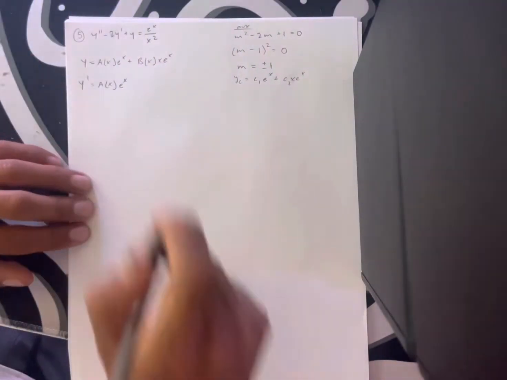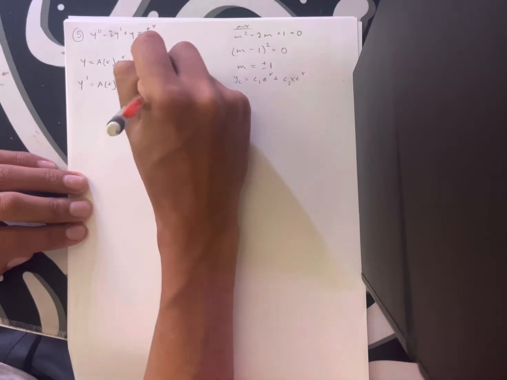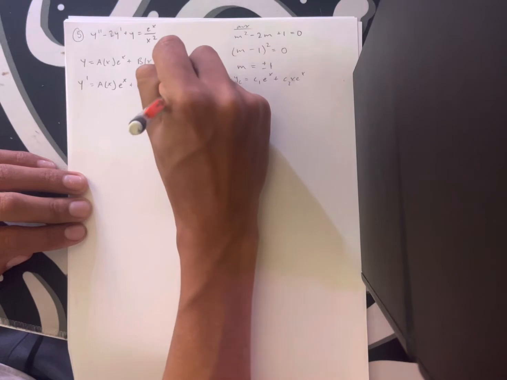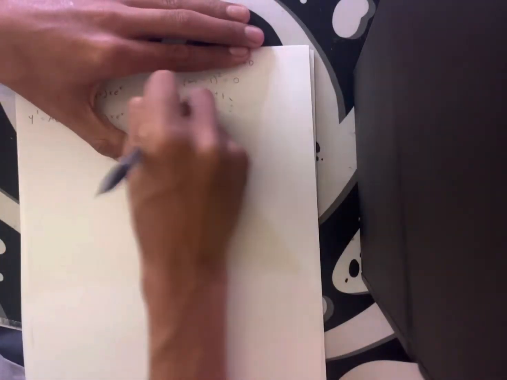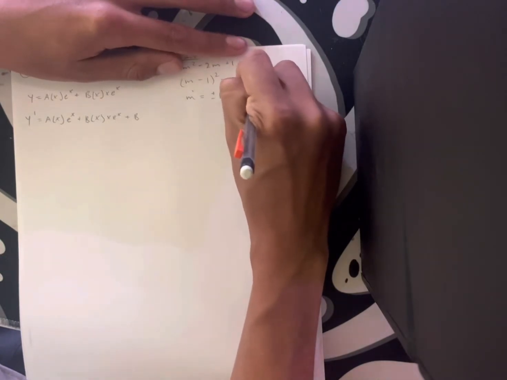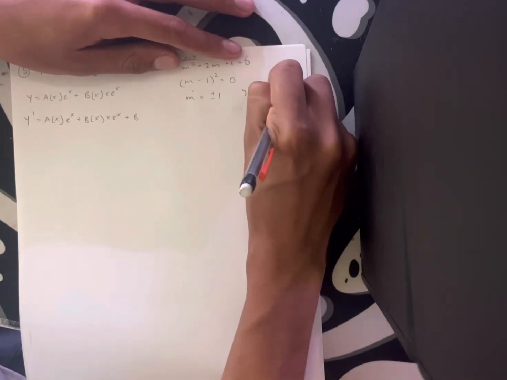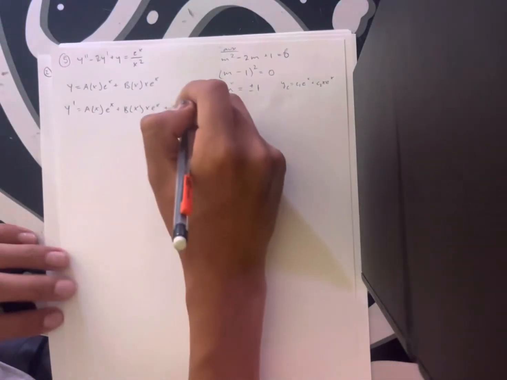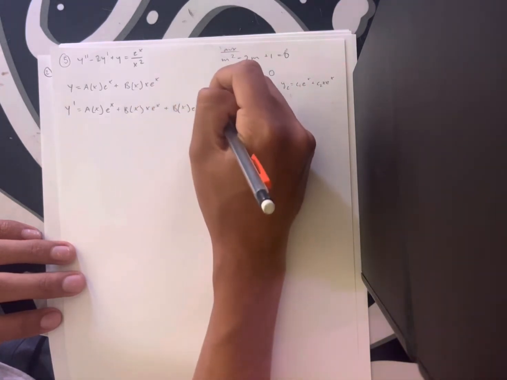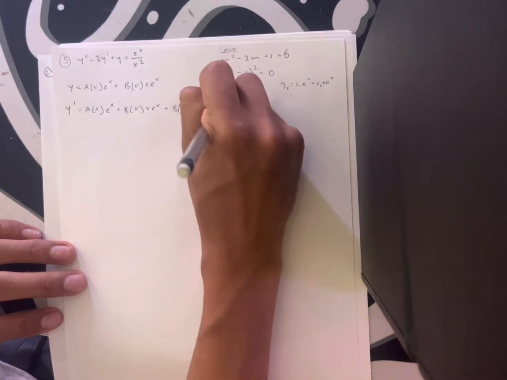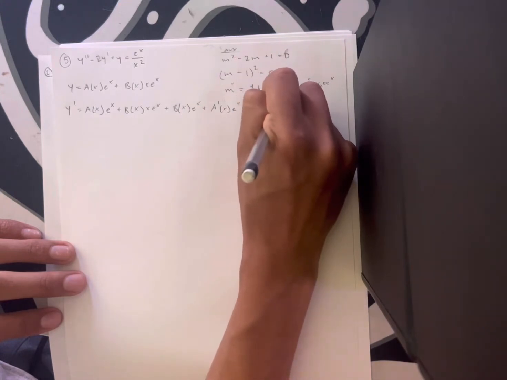Sorry. Erase this. This is for space. I'll write it right here. The first derivative will include a prime x e^x plus b prime x x e^x.